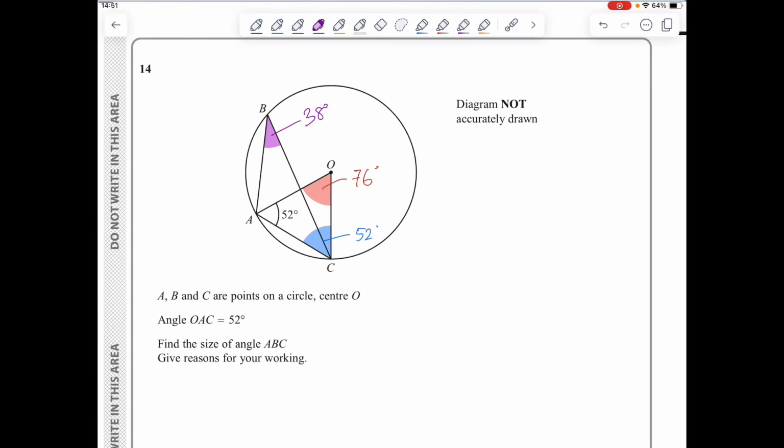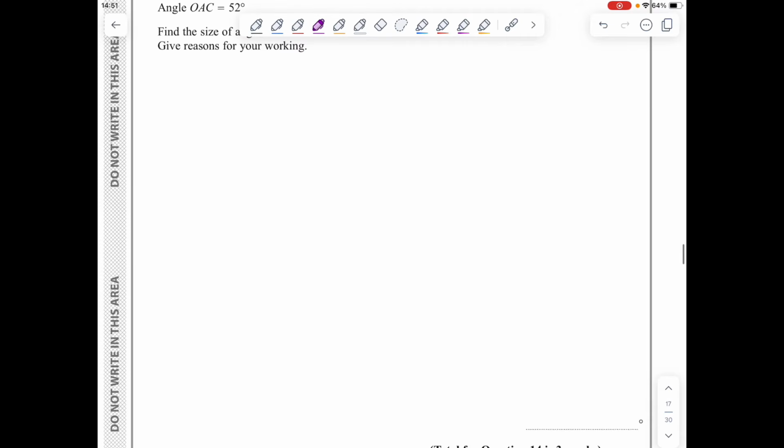Now, if I just write the answers, I won't get all the points. I need to give reasons. So let's go below and start writing reasons. ACO is equal to OAC, which is equal to 52 degrees. Reason: angles at the base of an isosceles triangle are equal.